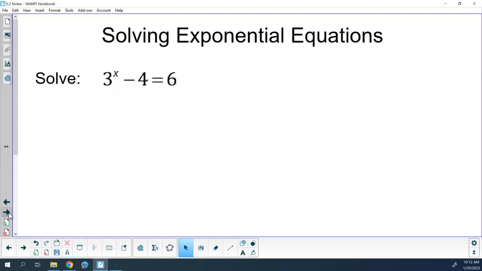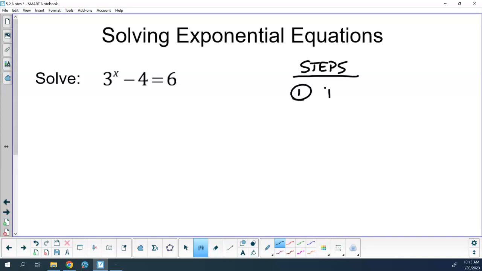Meaning, we need to get the exponented term all by itself on its own side, or we need to get the log term all by itself on its own side. Okay? That's what I mean by isolate.